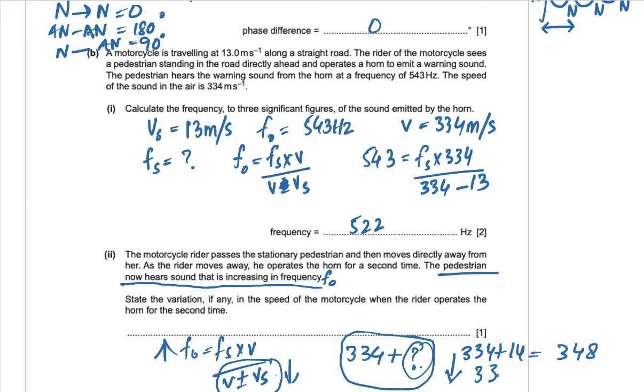And if you add 334 plus 12, suppose that 14 decreases to 12, this becomes 346. So ideally, this speed, which is the speed of the source of sound, should be decreasing in order for this whole entire expression to go less. Speed of source of sound decreases.